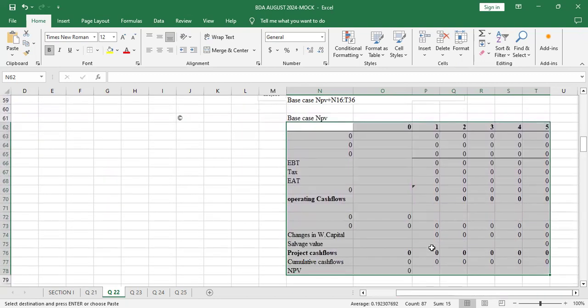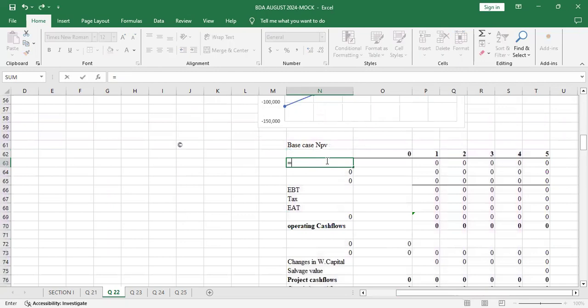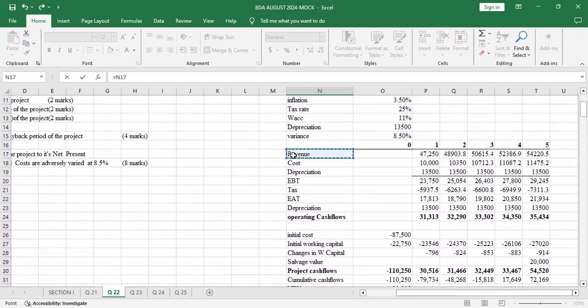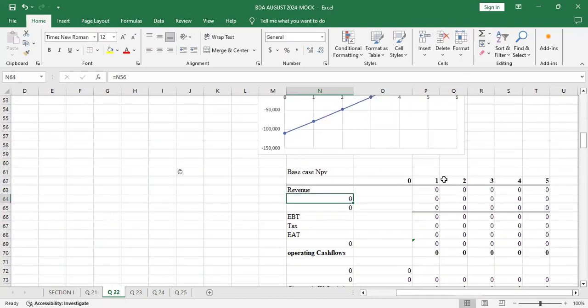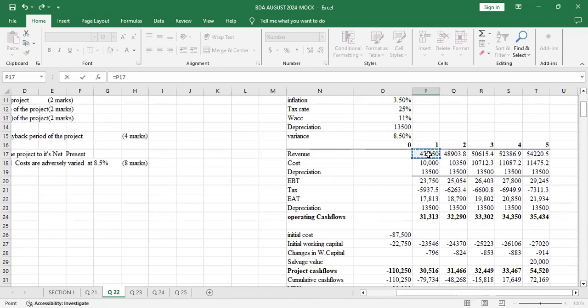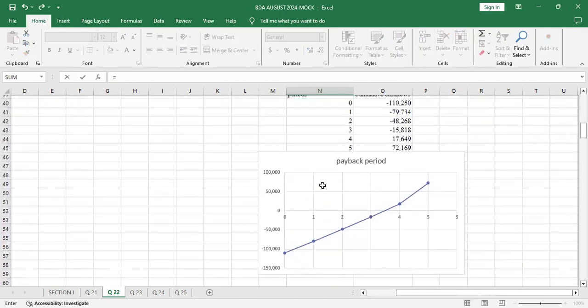So I'll copy everything once again. I'll start with the revenue, then copy the values. Then I'll go to cost.